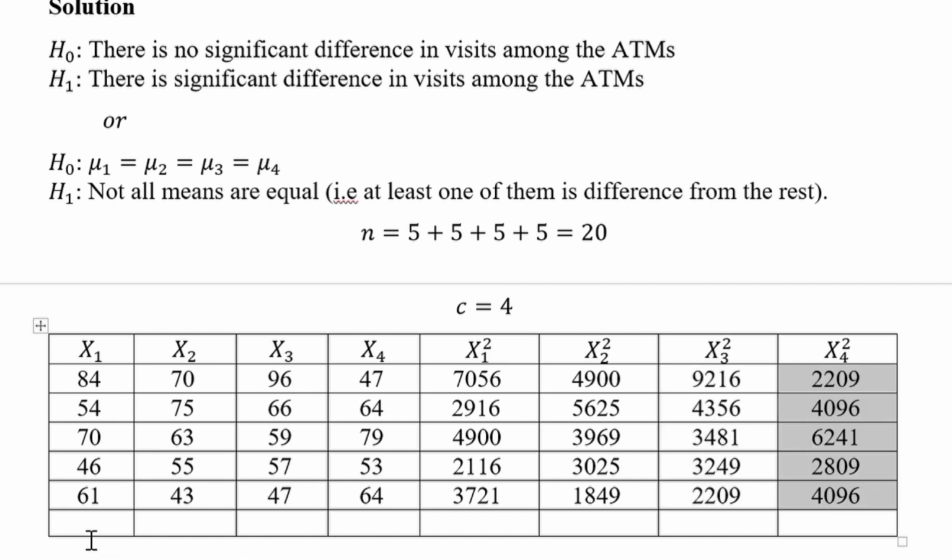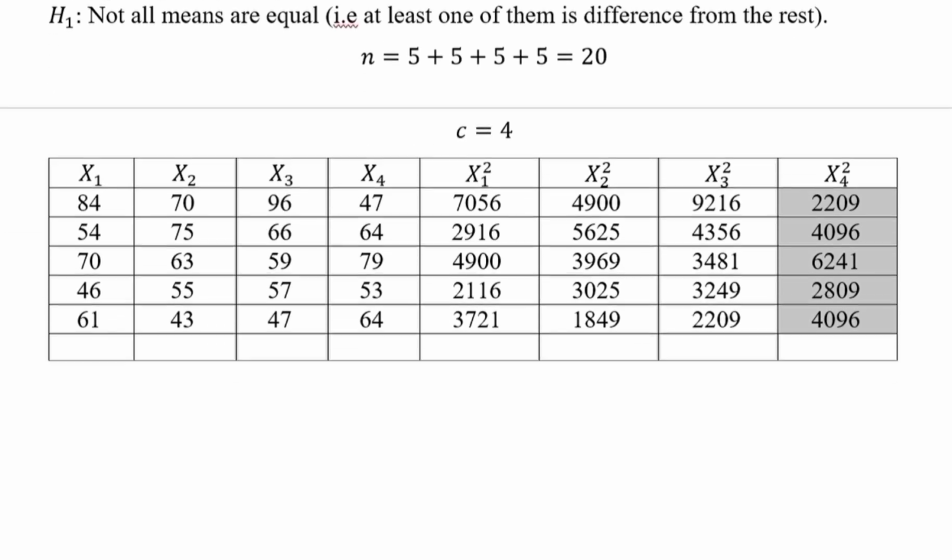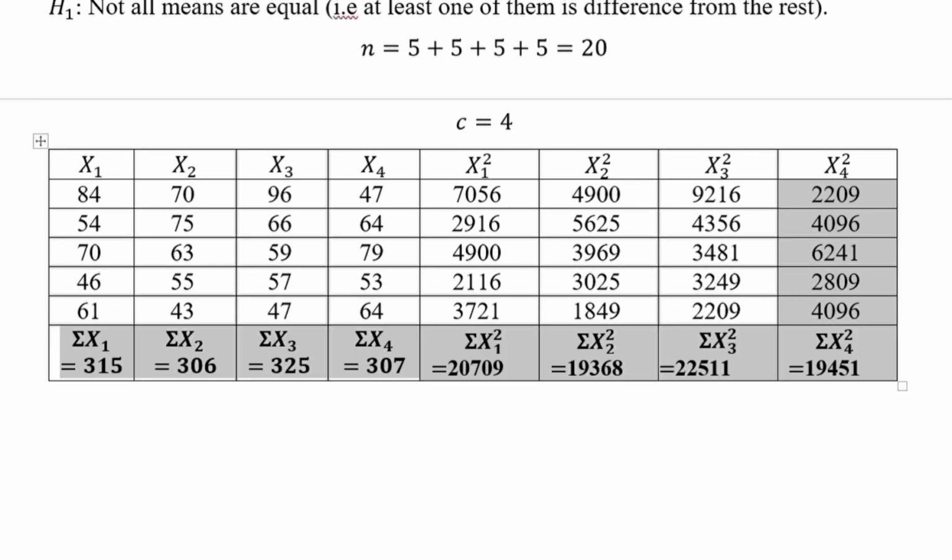After that, we get the sums of those columns, the sums of these ones. So you add this, get this, all the way, you add all of them and you get their total. Having gotten those totals, then we can now start calculating our SST.